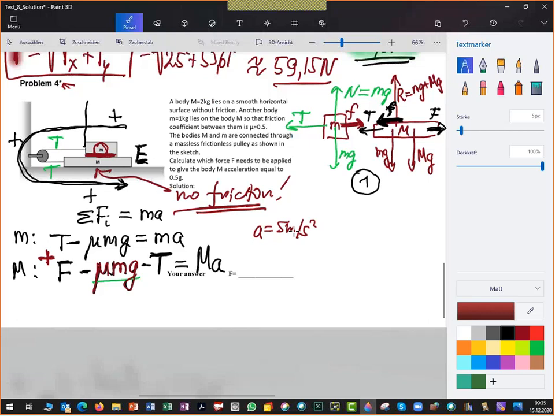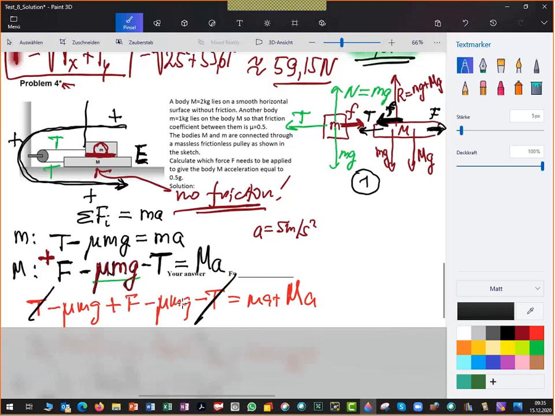What we will have is T minus mu mg minus plus F minus mu mg minus T equals ma plus m large a. T and T cancel.